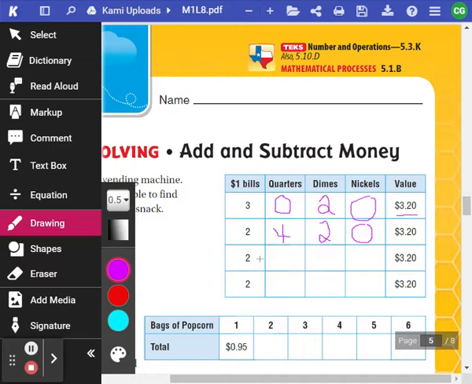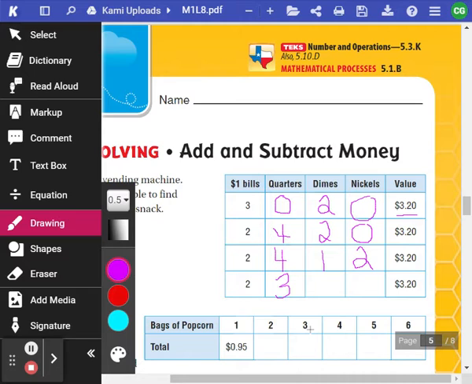Let's look at the next one. I have $2. I'm going to also include 4 quarters, which is equal to $1, so that's $3 already. I will have 1 dime, which is $3.10, and then I can add 2 nickels for $3.20. And the last one, I have a $2 bill.